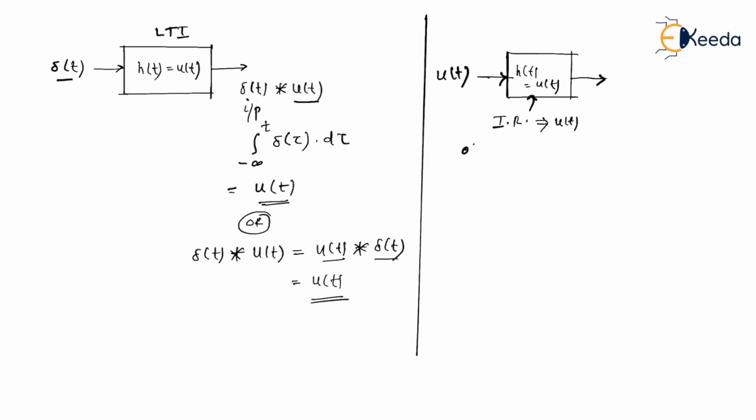So output will be integration from minus infinity to t u of tau d tau, and we know that integration of unit step function results into ramp function. So this is also a very important result to remember, that is u of t convolved with u of t always results in r of t.